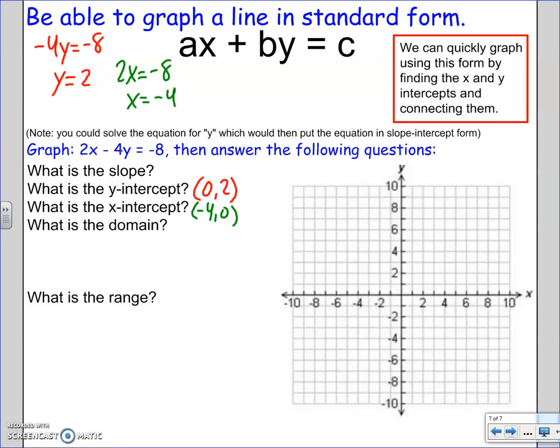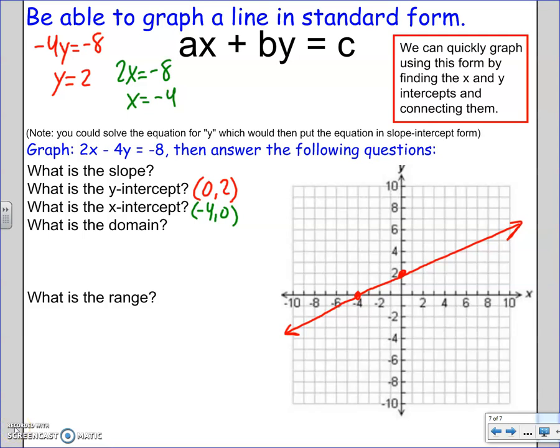Alright, you only need 2 points for a line, so I'm going to plot those two. So (0, 2) is right here, and (-4, 0) is right here. I can connect that, and I have my line. To find the slope, I can use those 2 points and count, or I can use that formula from before. I'm just going to count. We read left to right.